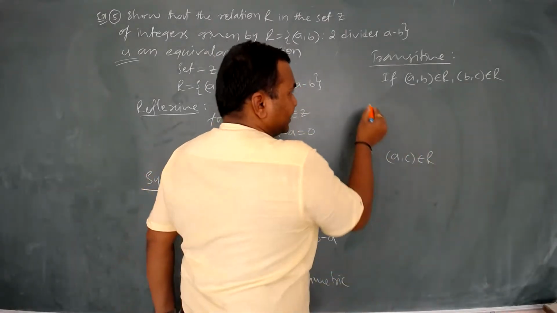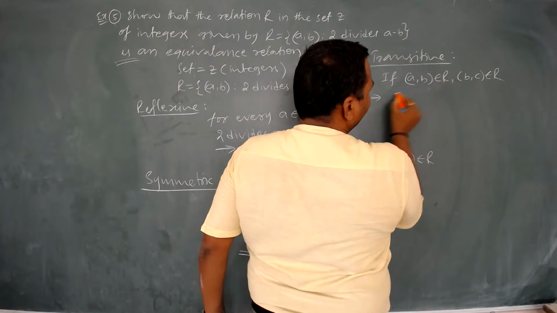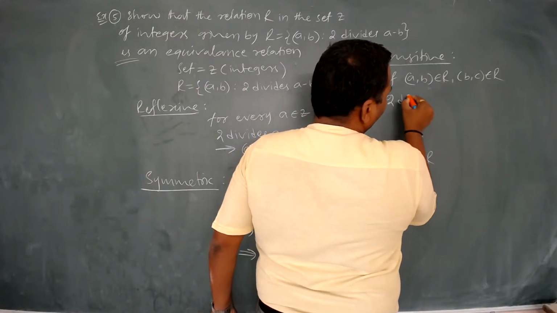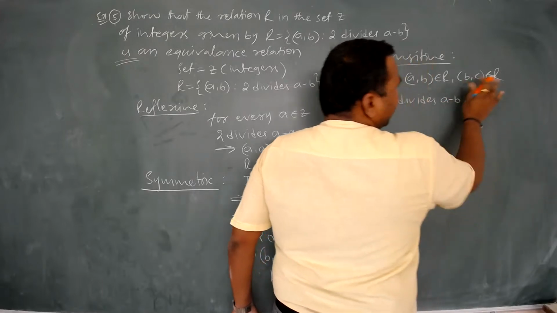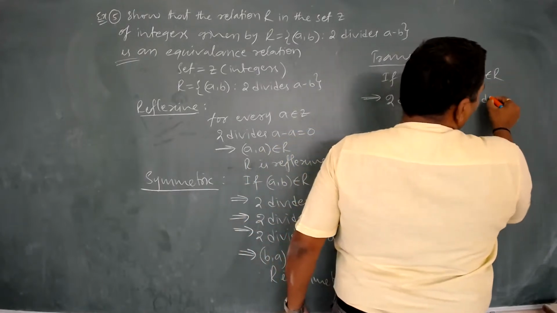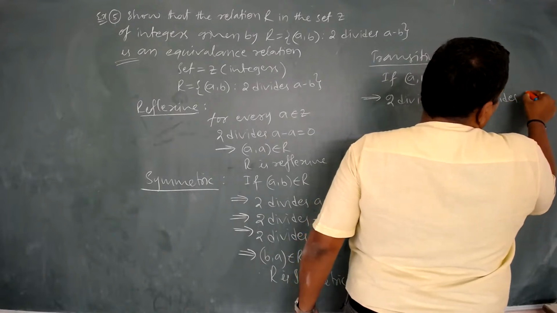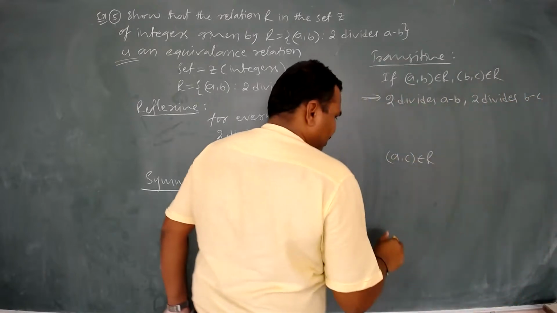Check it. First, (a, b) belongs to R means we can use 2 divides a minus b, and (b, c) belongs to R means 2 divides b minus c.